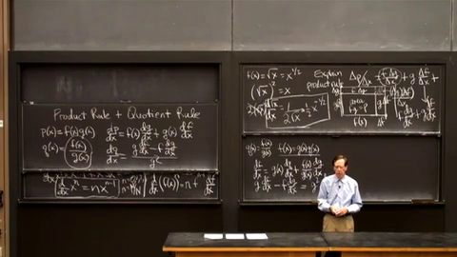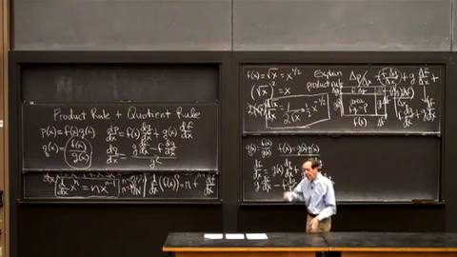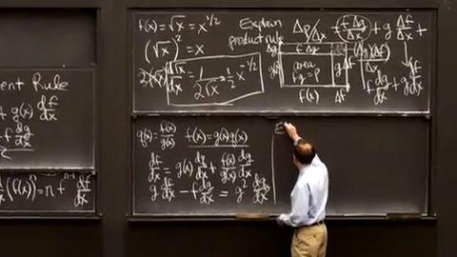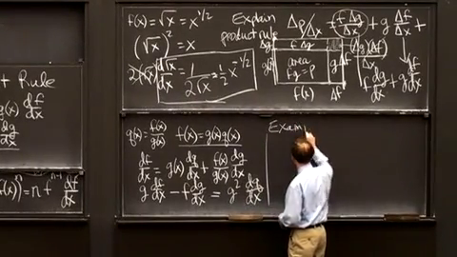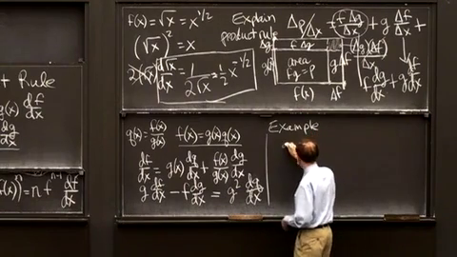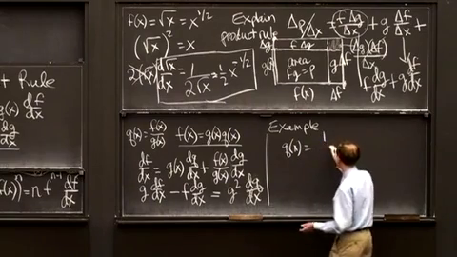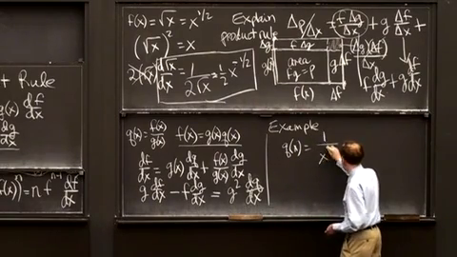And it might as well be a negative power of x. So now my last example for today, my quotient is going to be 1. The f of x will be 1, and the g of x.